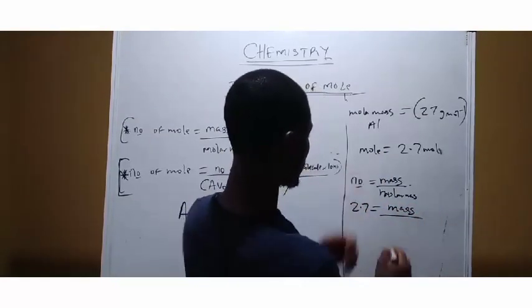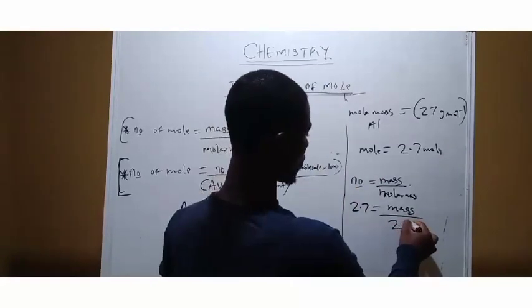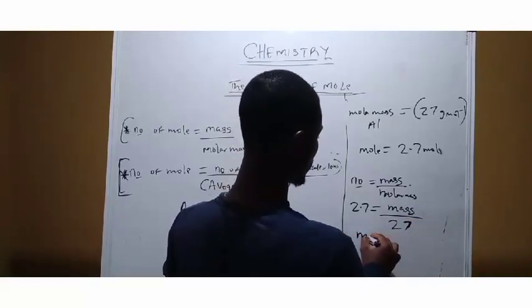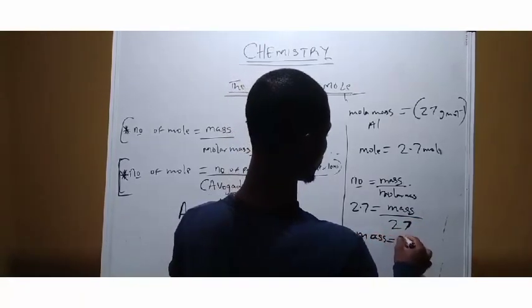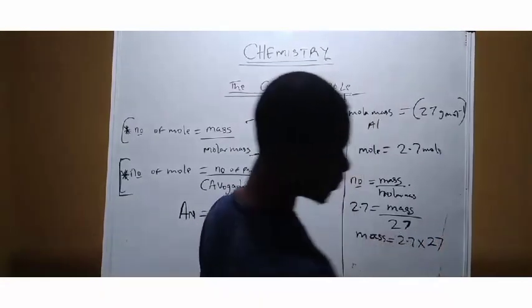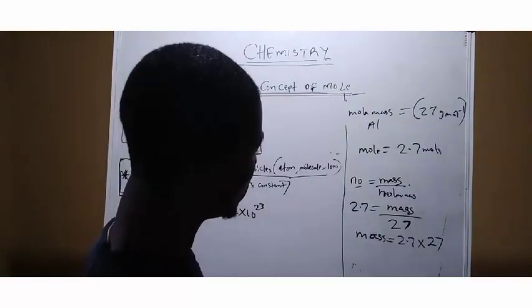So the mass equals 2.7 multiplied by 27. By the time we do the math, we round up to about 72.